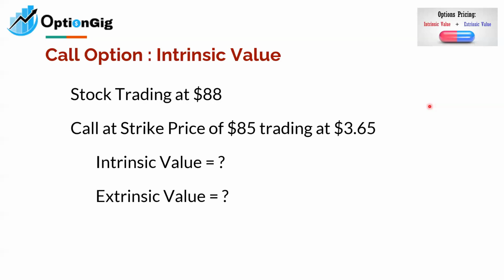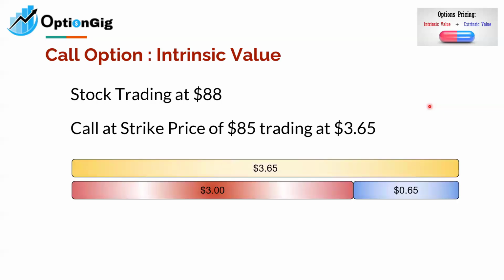Okay, Ramesh says intrinsic is 3 and extrinsic is the remaining. Exactly. This call allows you to buy the stock at 85, while the stock is trading at 88. So it gives you a benefit of $3. That's why its intrinsic value is 3 and extrinsic is the remaining portion, 65 cents.